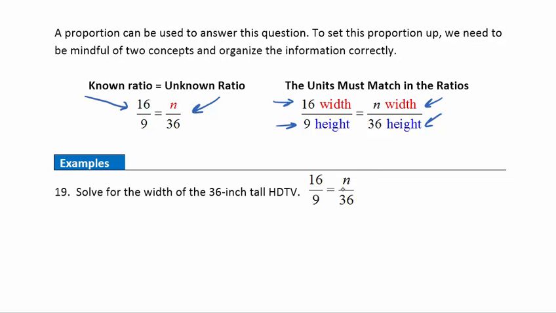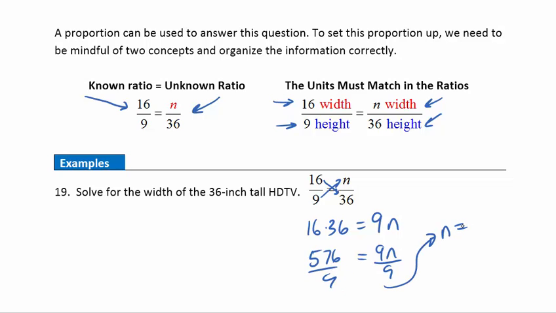So if these two fractions are going to be equal, this diagonal, 16 times 36, is going to have to be equal to this diagonal, 9 times n, which is just 9n. Now we have a simple little equation here to solve. On the left side, 16 times 36 is going to give us 576 equals 9n, and then we divide both sides by 9.